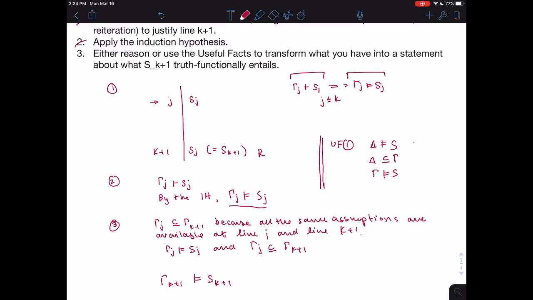So we can conclude that gamma k plus 1 truth functionally entails Sj. That was just an application of useful fact 1.